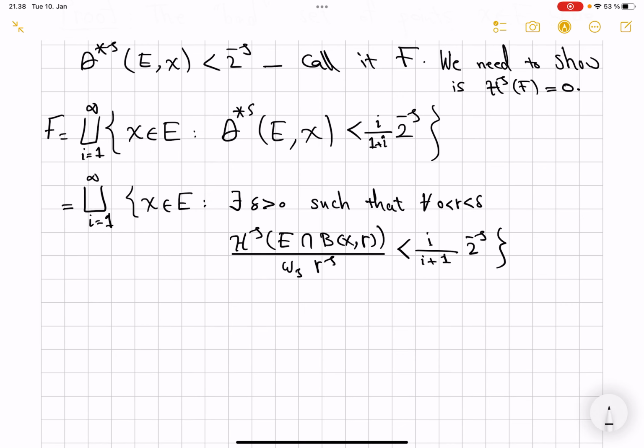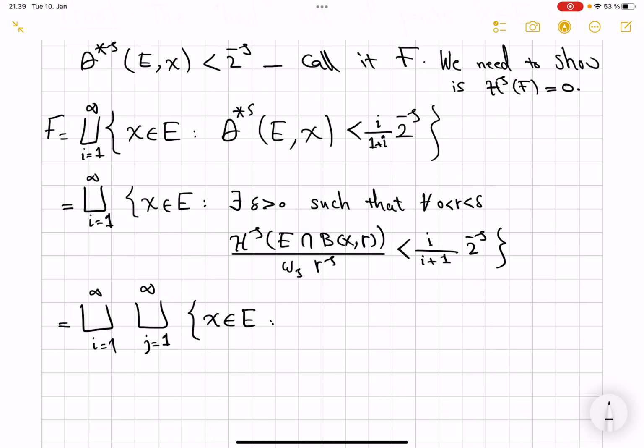But I claim that instead of looking at a continuum of such delta, we can only consider a discrete one. So this will be j going 1 to infinity, and then we can take 1 over j for delta. So for different x, this may happen sooner or later. Some x will require smaller delta, some x will not be as strict, but all of them will be captured by this.